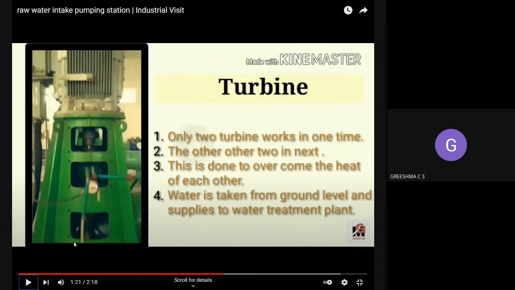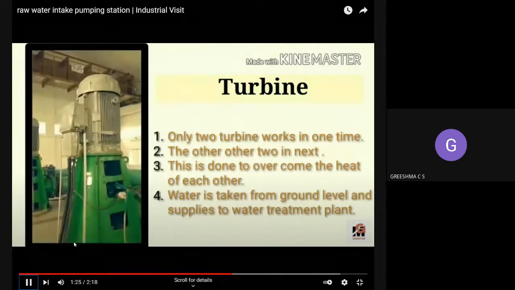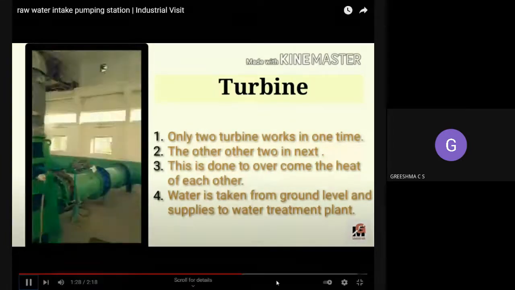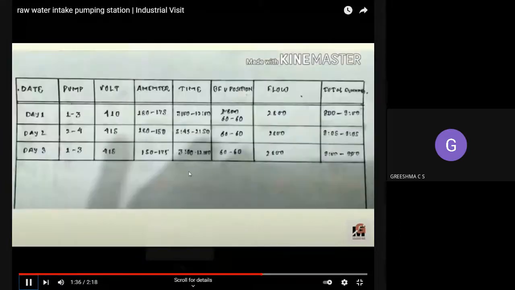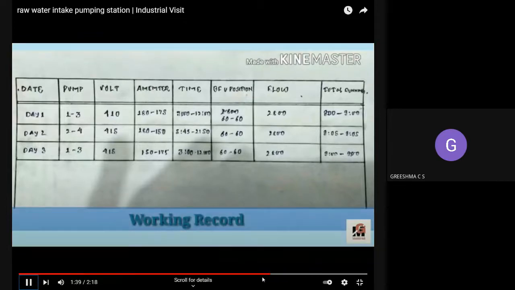See this. Right now I'm showing you a pumping station. I'll show you a pumping station.